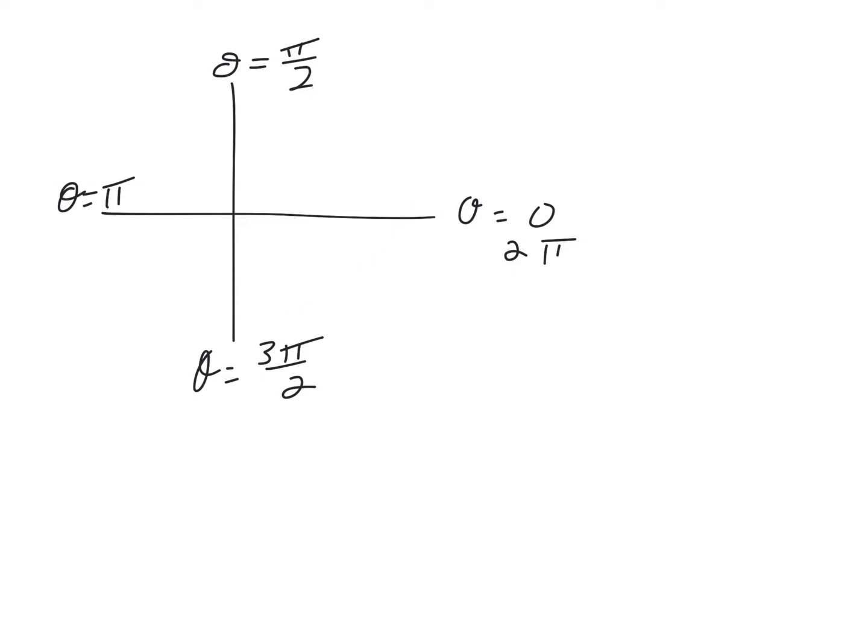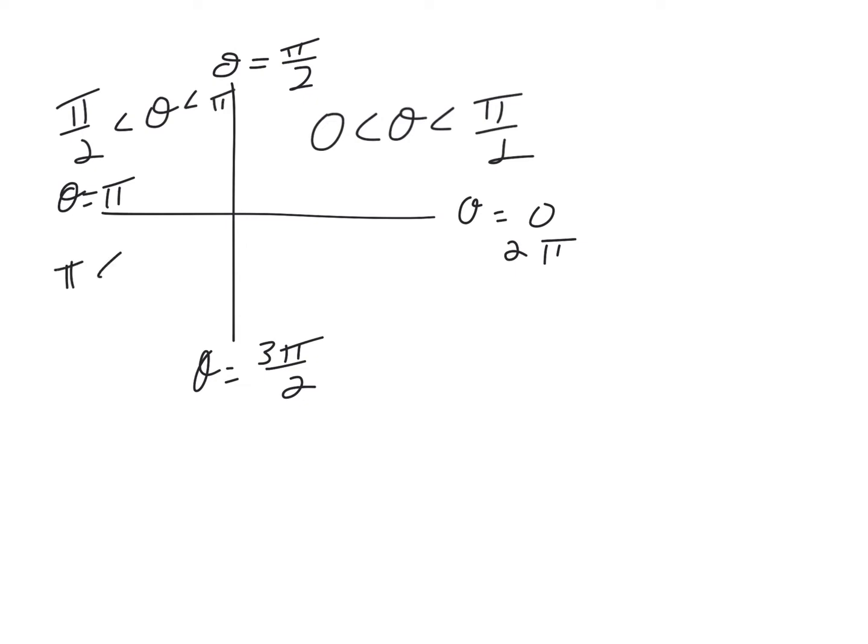So keep in mind, when you're between 0 and pi over 2, I should say in between, not or equal to, you're in the first quadrant. Between pi over 2 and pi, you're in the second quadrant.